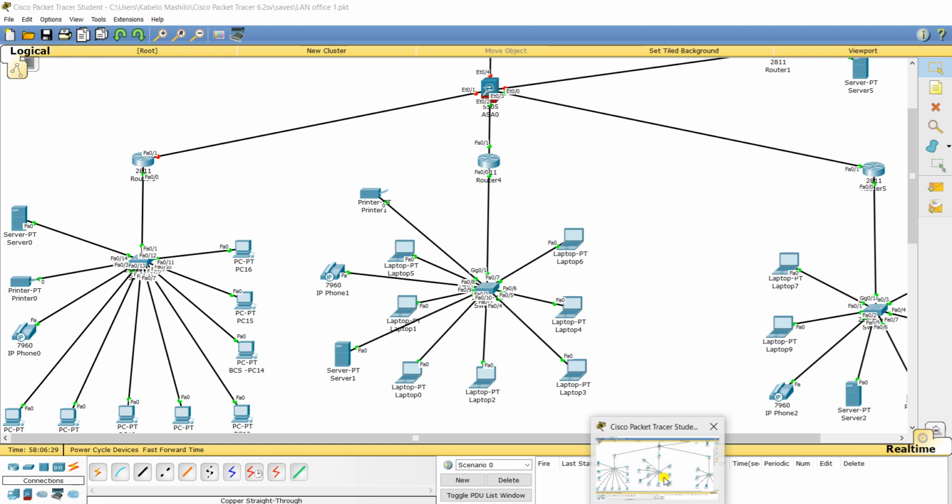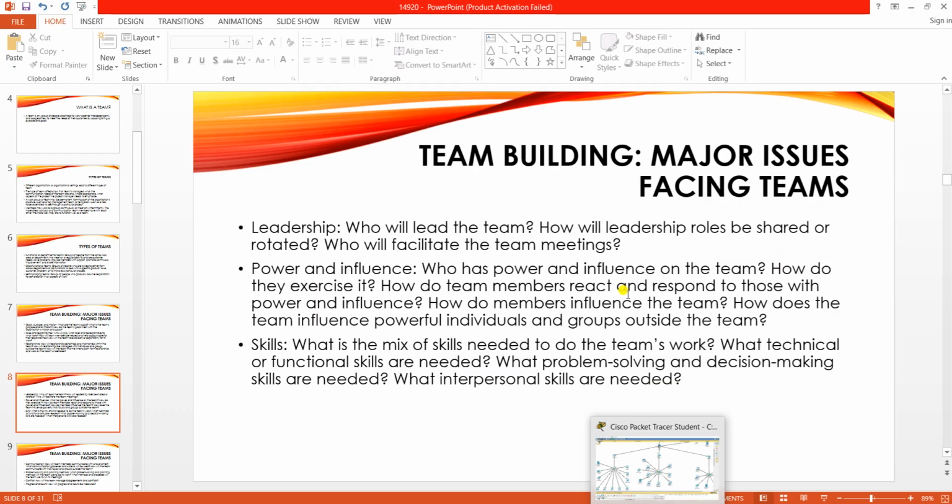Project leaders in most instances would lead the tasks that are given, and they will rotate the leadership. And also, who facilitates the team meetings is important. The project team leader will also rotate individuals, giving them the chance to facilitate the team meetings.